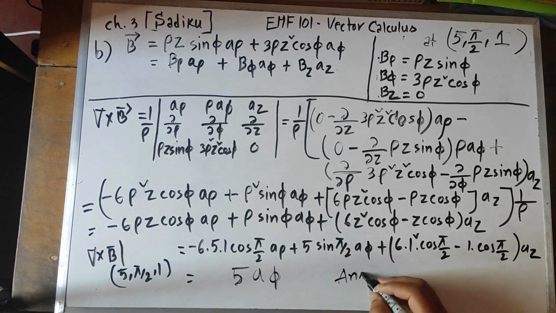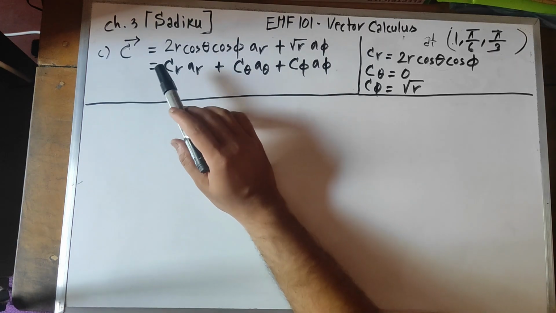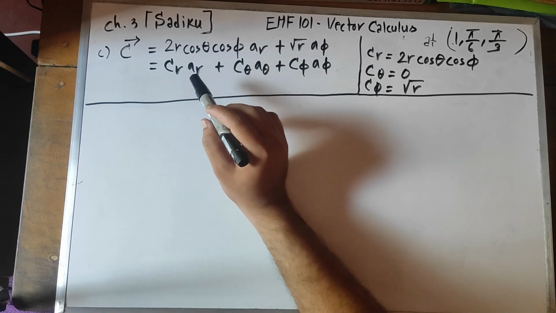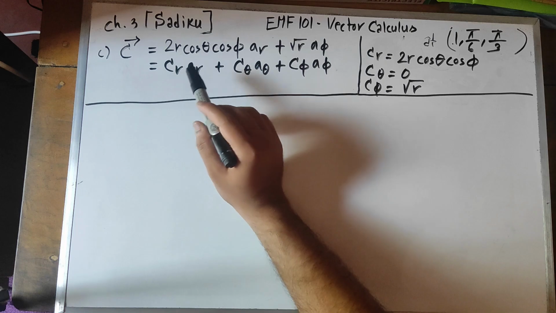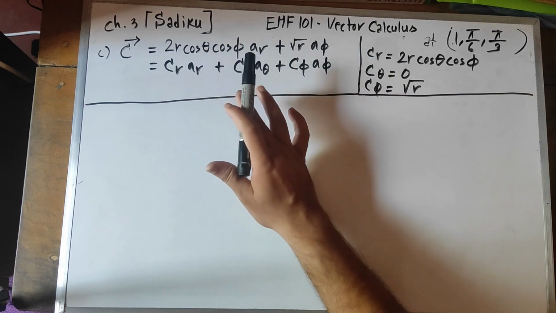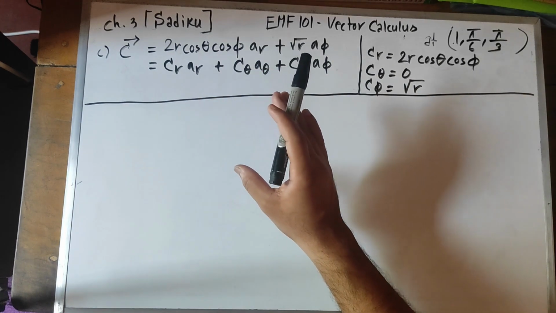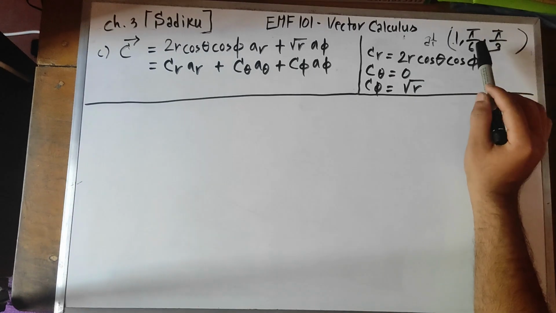That's the answer. This is our third and last vector field, which is in the spherical coordinate system. We have to find the curl in the spherical coordinate system at the point of this vector.